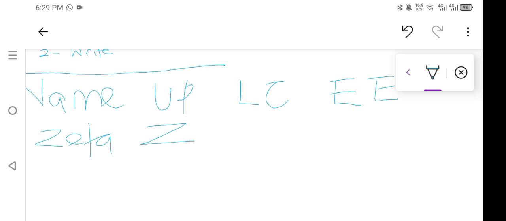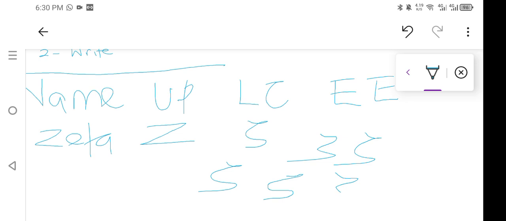Now, the lowercase for zeta is slightly different and is probably one of the few complex letters in the Greek alphabet to write. It begins with a small tail, and then you try to write something like a letter S, but not truly doing it.